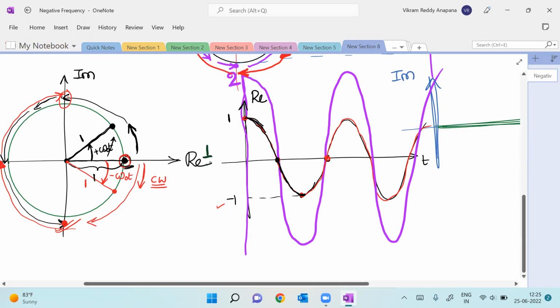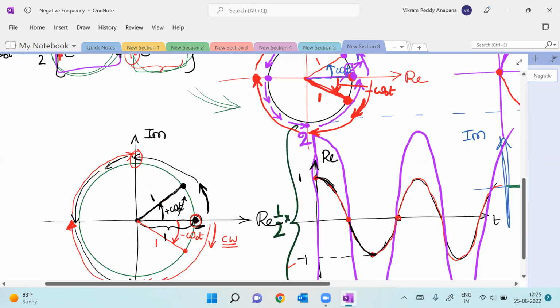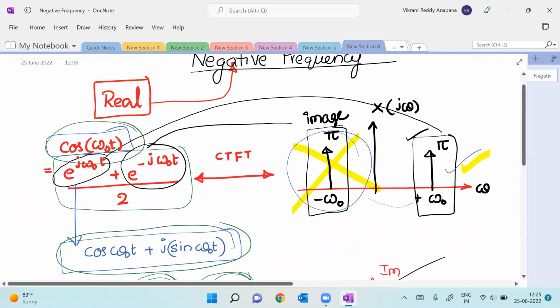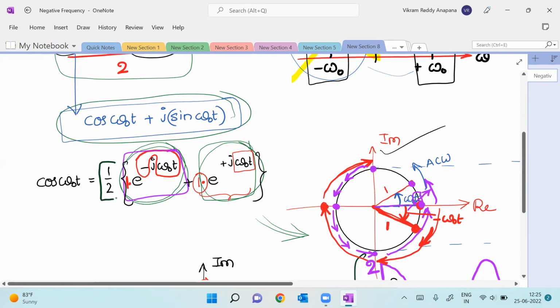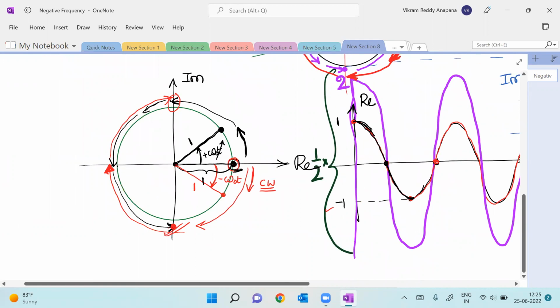So if I multiply this by half, then half into this, twice the waveform, gives me this cos omega naught t. And that's the reason here you have the scaling component as half. Half of this 2 becomes this waveform again. This is 1 cos omega naught t.